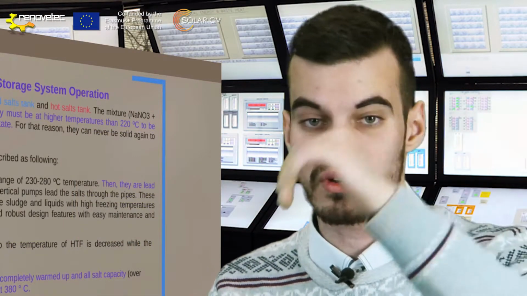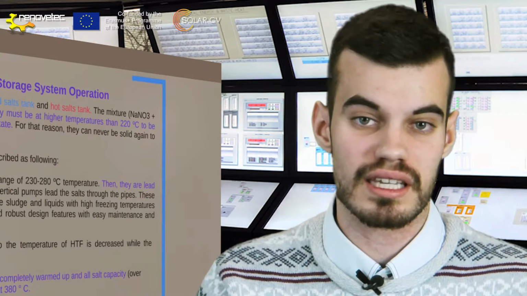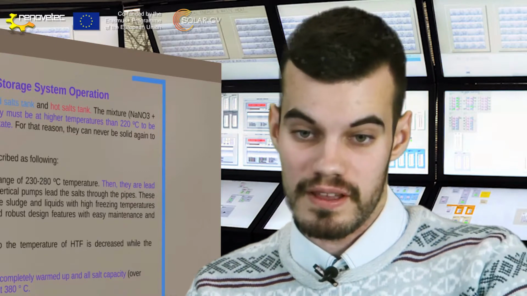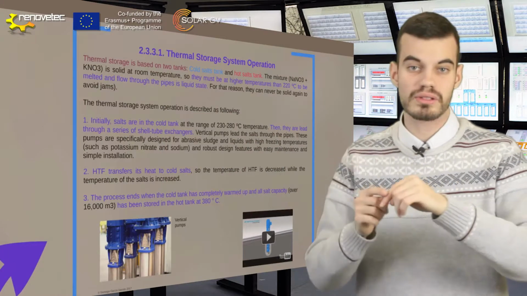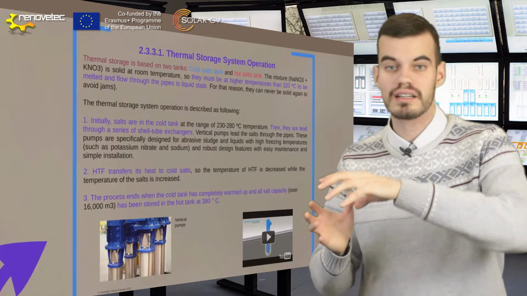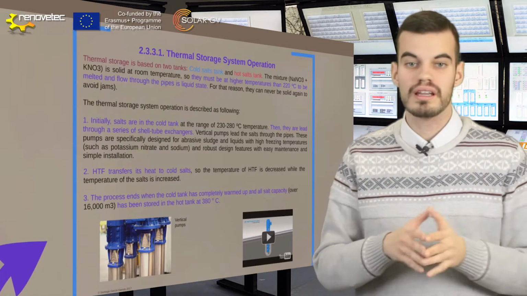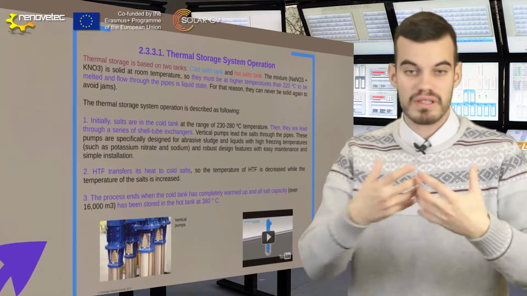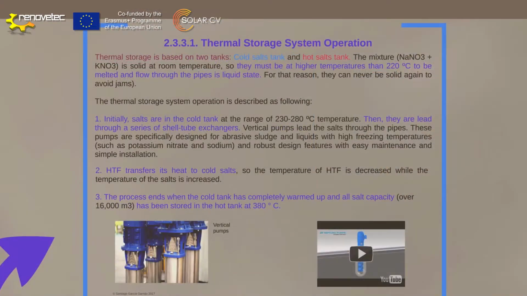Then they are stored in the hot tanks, and when we require this heat, we are going to make the reverse process, because these salts are going to be driven from the hot tank to the cold tank, and another fluid, for example water, is going to absorb this heat thanks to the heat exchangers.